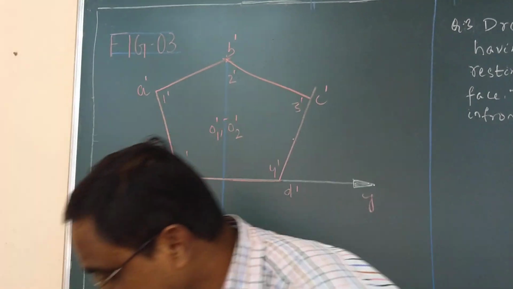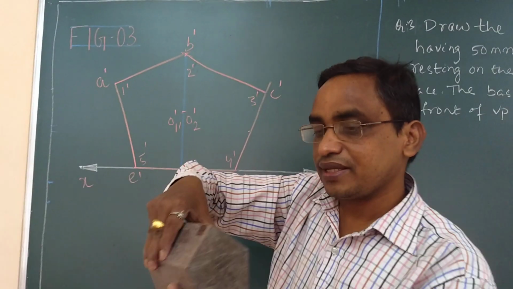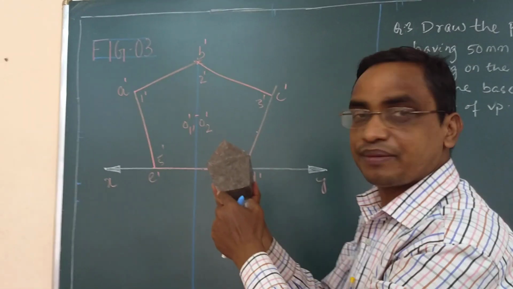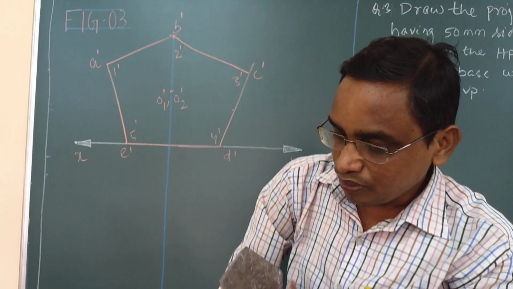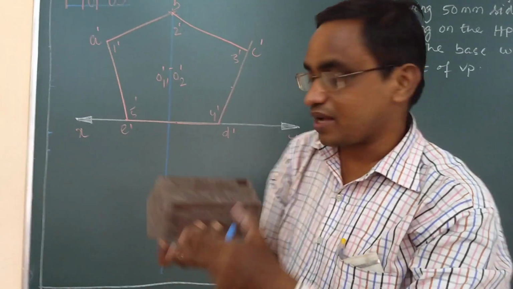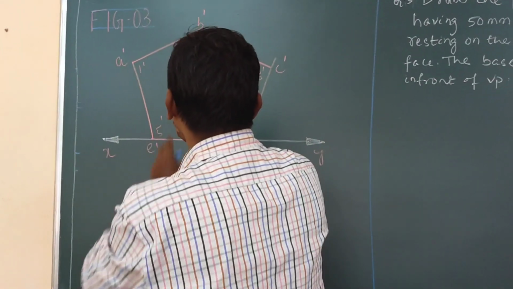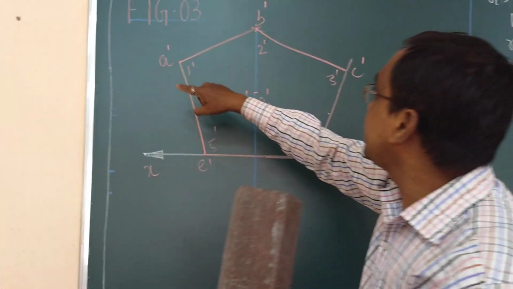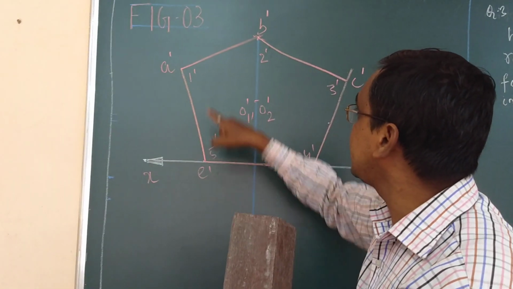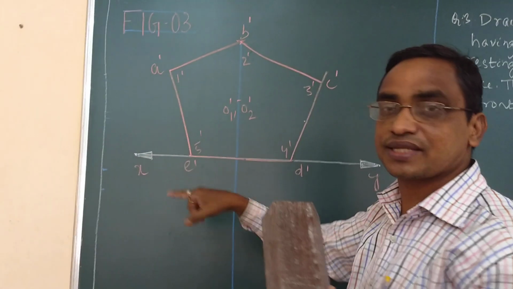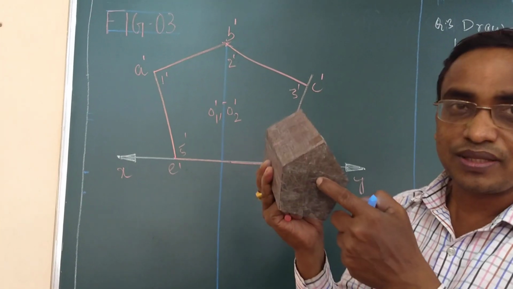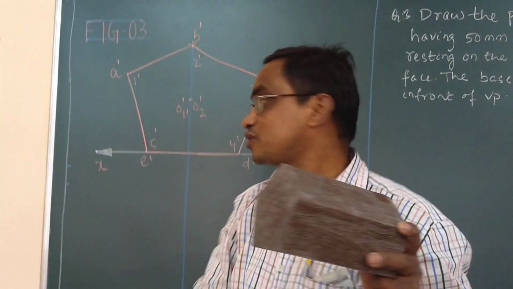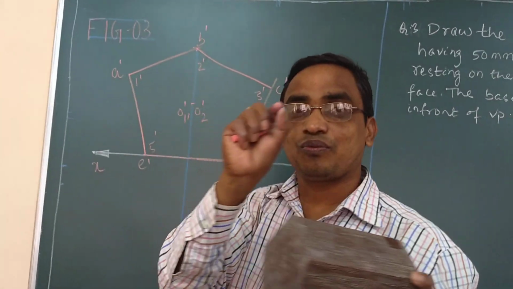Because this is base 1, this is base 2, this is the A, B, C, D, E pentagon, and this is the 1, 2, 3, 4, 5 pentagon. I am the observer. When I observe, base 1 and base 2 coincide. So A dash to E dash and 1 dash to 5 dash coincide. Center point O1 and center point O2 become one point, so O1 dash, comma O2 dash, is one point.